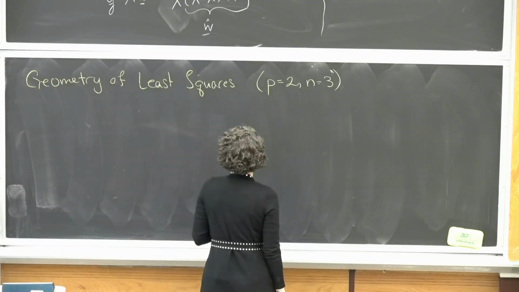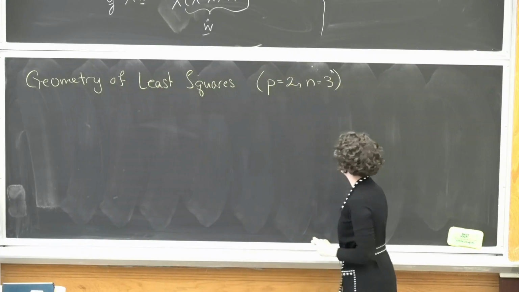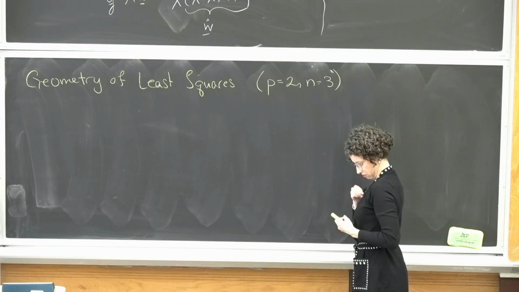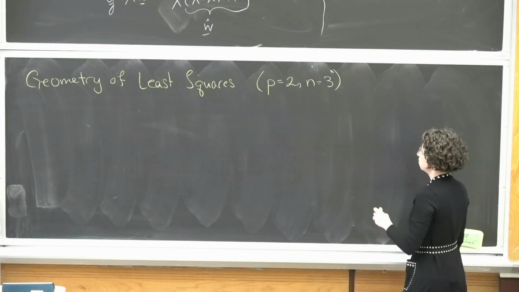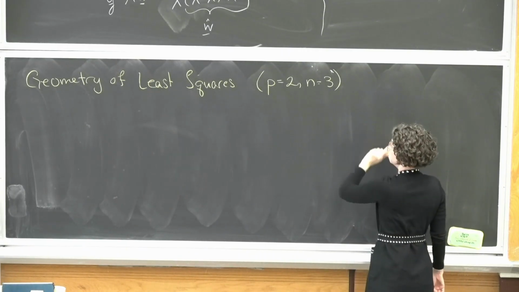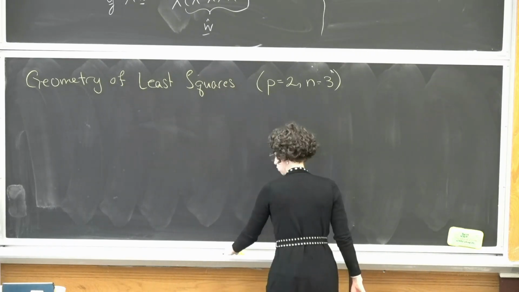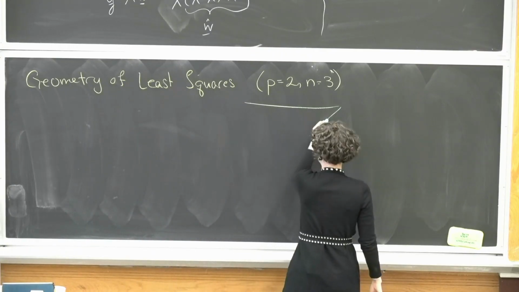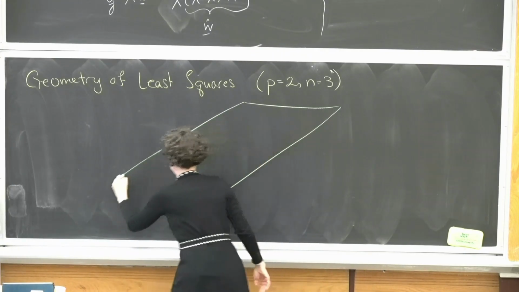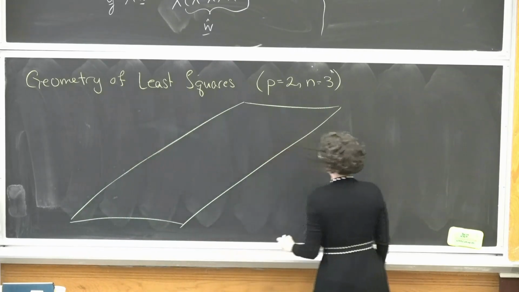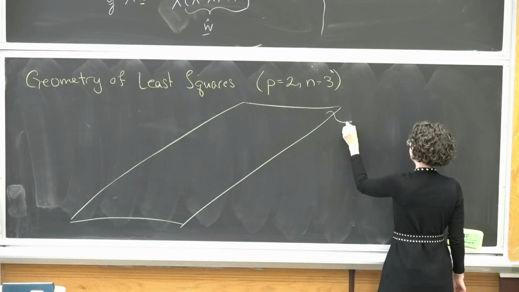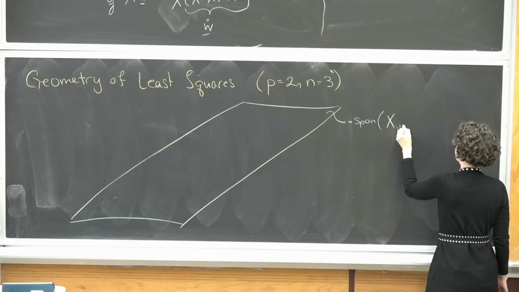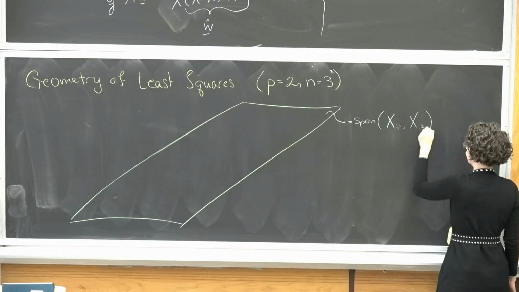And so now we want a weight vector that's 2-dimensional. We are going to be working in the span of the columns of X. So I'm going to have this plane here in 3D space. So this plane is equal to the span of X colon 1 and X colon 2.